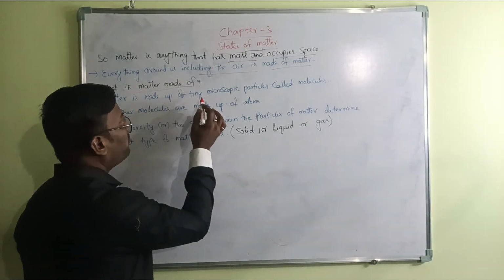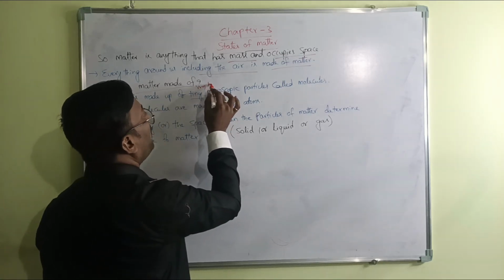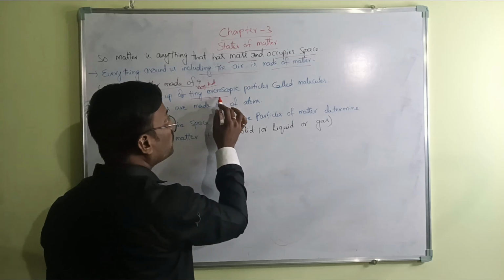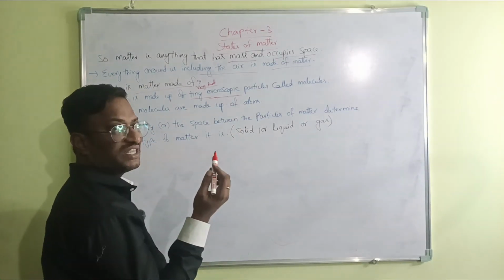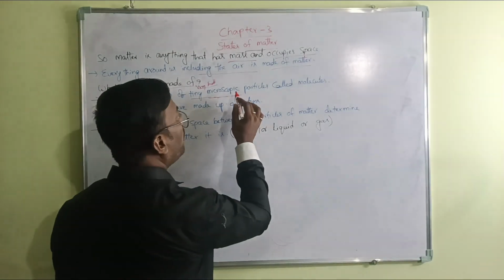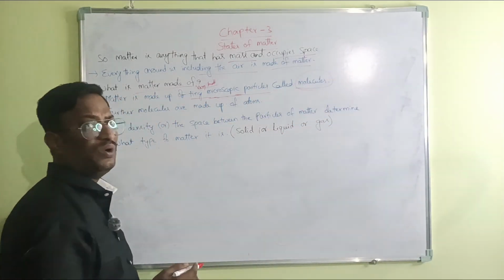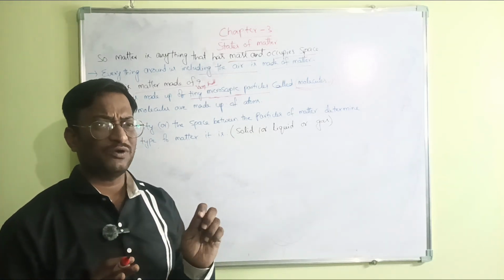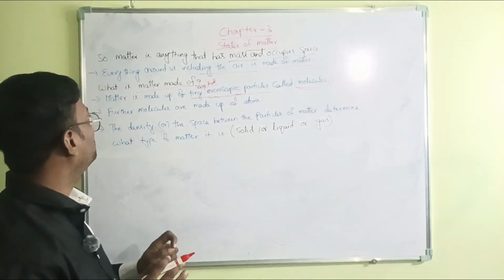Matter is made up of tiny, very small, particles that we cannot see with our naked eye. Tiny means very small, microscopic means which cannot be seen with our naked eye. These microscopic particles are called molecules. So matter is made up of molecules. Those molecules are very tiny, very small particles.